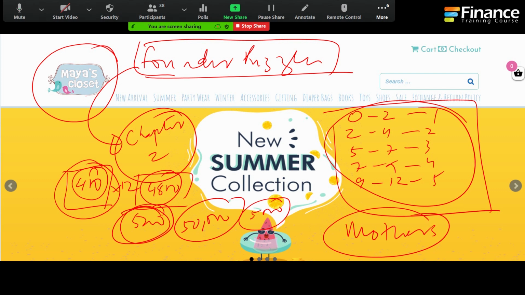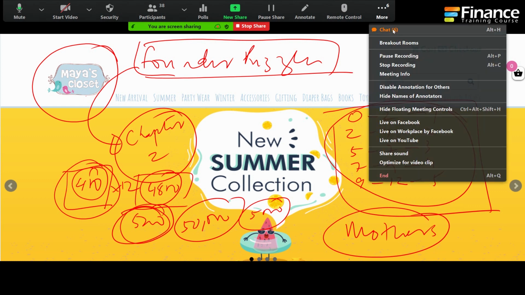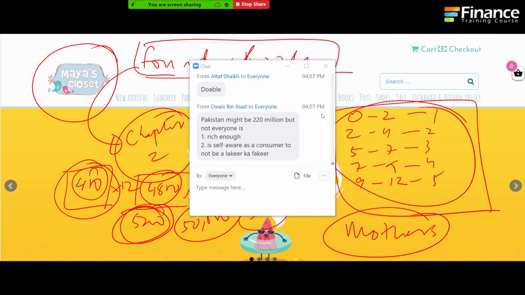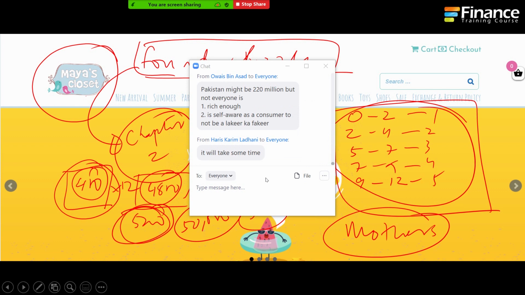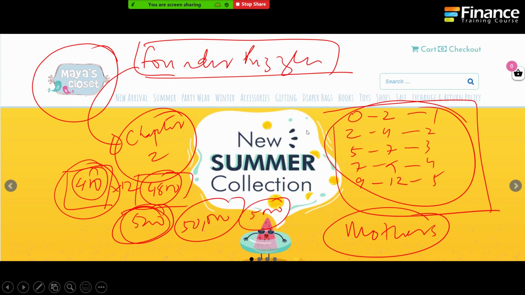Is that difficult? So 500, 400, yes, we agree. What about 5,000? You think Maya could get 5,000 orders? Yes, I agree it'll take some time, but it's doable, right? It's not impossible.